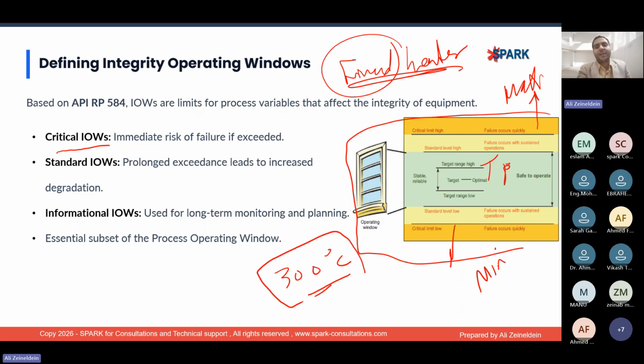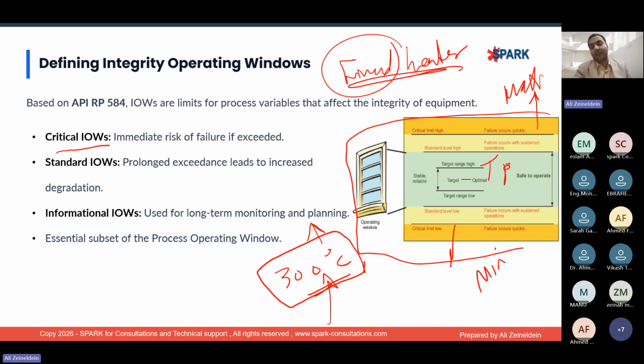If the temperature rises above this, it will be exposed to creep rupture, and working outside this window will affect it directly, and unfortunately a major incident could happen, finally ending as a fire or a huge fire, depending on the case.